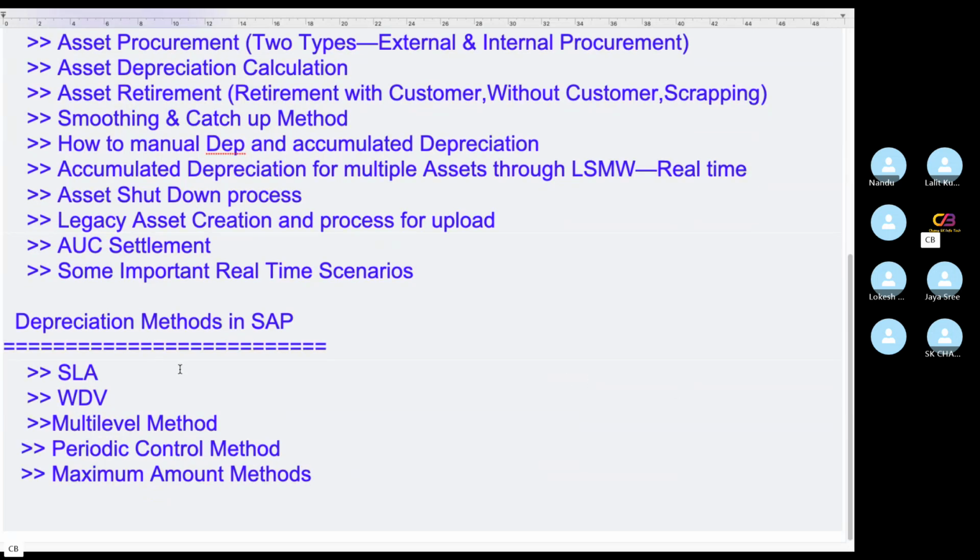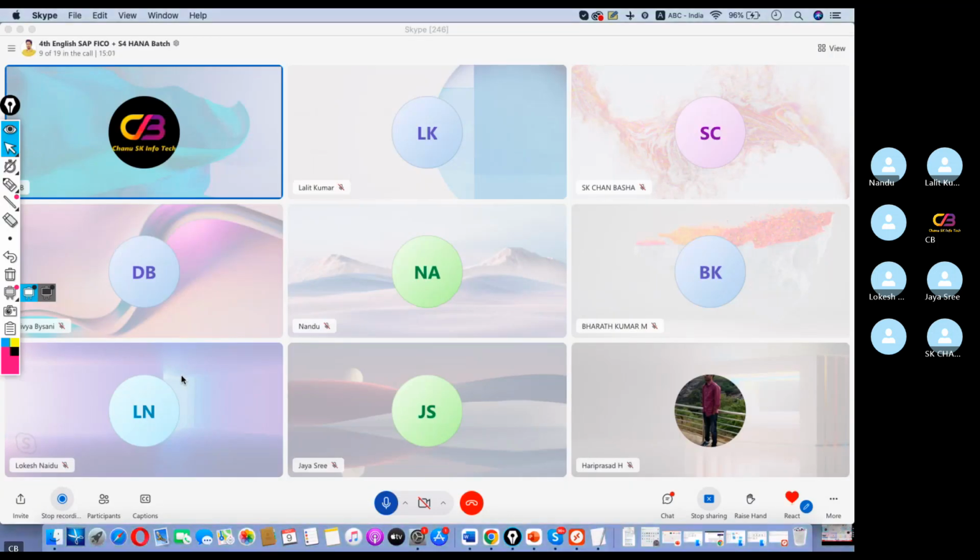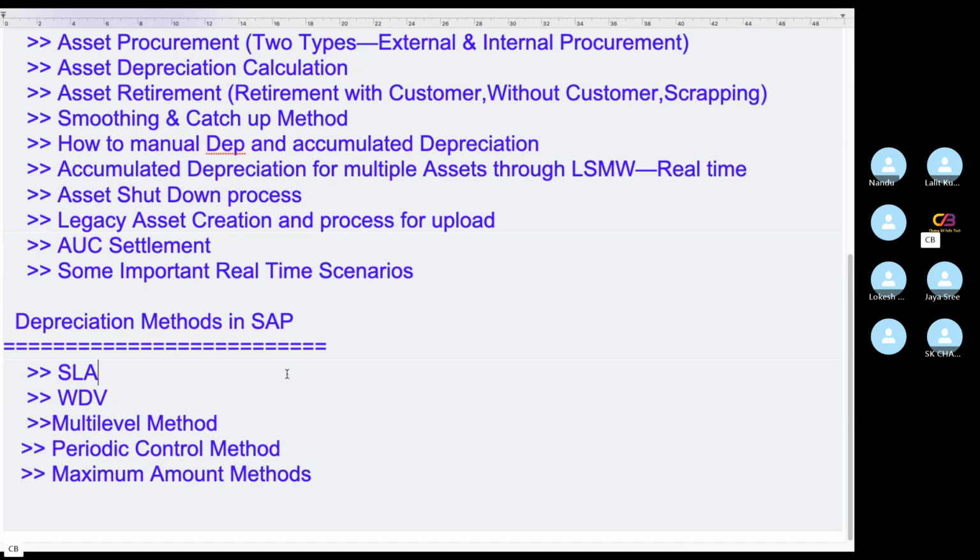So tell me, what is the formula for the straight line method? Cost minus salvage value by number of years.